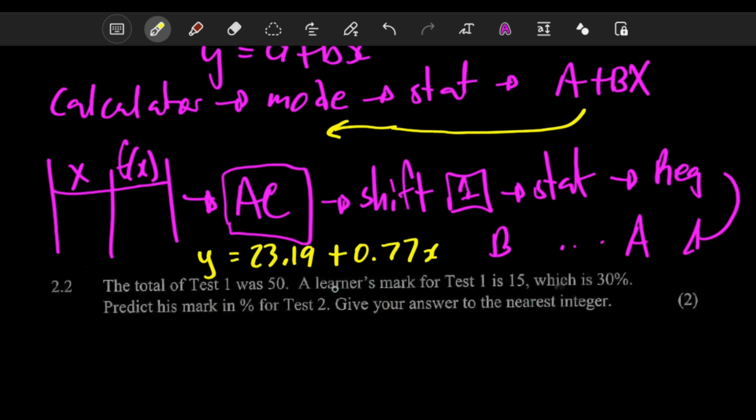If it's out of 50 and the person gets 15, it's relatively 30%, because 15 out of 50, if you times it by 100, you get 30%. So here it says predict his mark in percentage for test 2. Give your answer to the nearest integer.